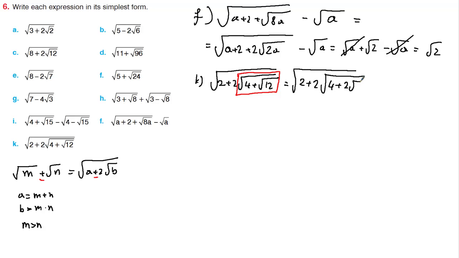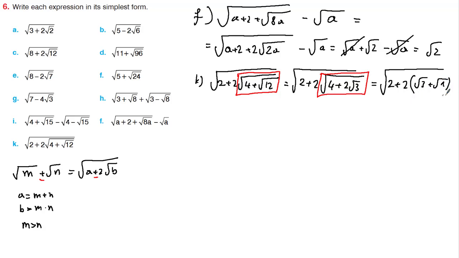So 2 root of 3. Again, I'm only performing operations here. So just look at this red rectangle here. Now, give me two numbers that add up to 4 and multiply to 3. That makes it how much? That makes it root of 3 plus root of 1.